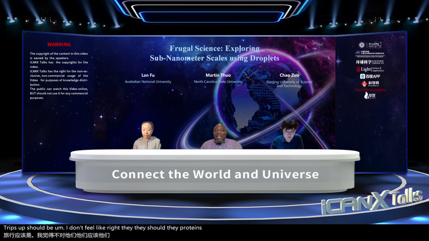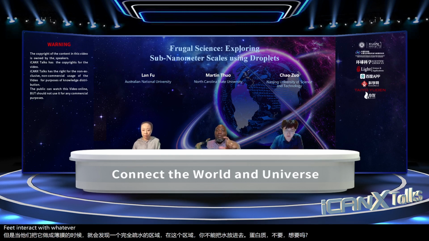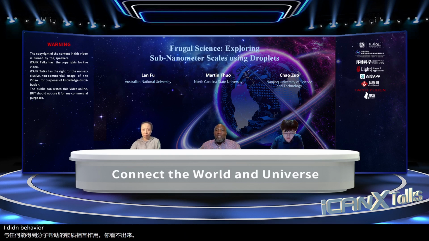Proteins interact very well with water. But when they make a film out of it, they reveal a completely hydrophobic area. There's a region where you cannot put water. The proteins don't want to interact with water at all. Look at the molecule itself, you don't see that. So that is behavior we need to worry about when we're working with organic molecules.